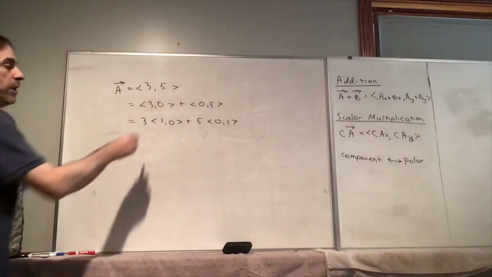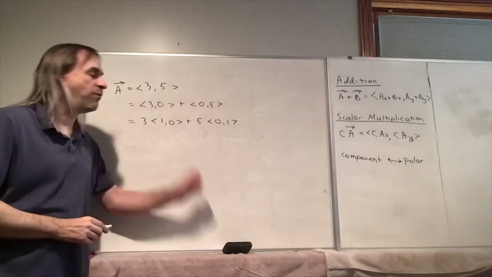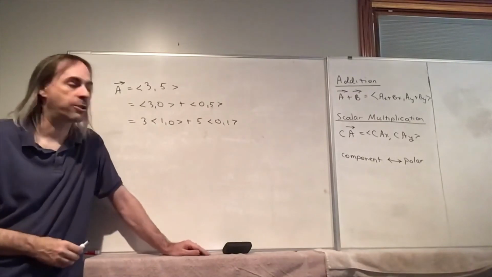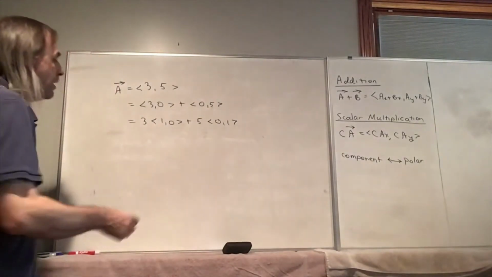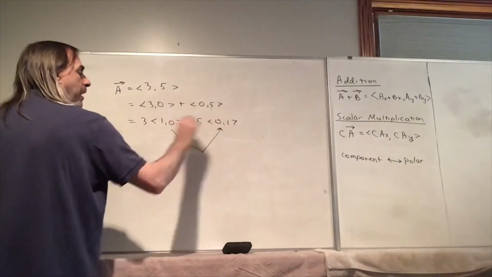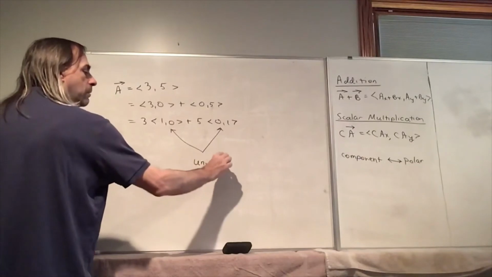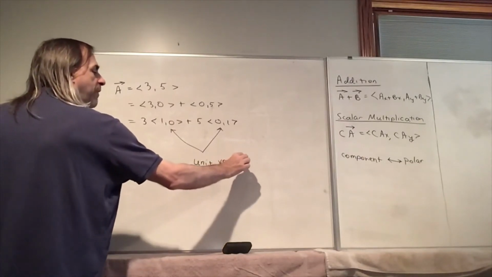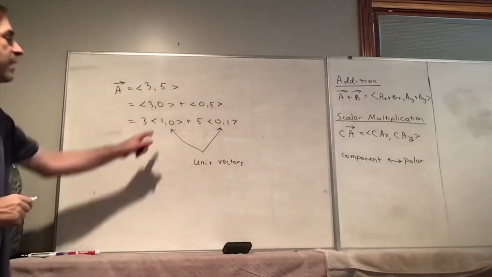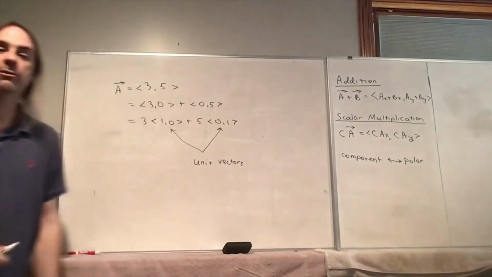And so if we look at this vector, this is a vector that has a length of 1, and it points in the x direction. And so these are both examples of what we call unit vectors. Unit means 1. Both of these vectors have a magnitude of 1. This one points in the x direction, and this one points in the y direction.